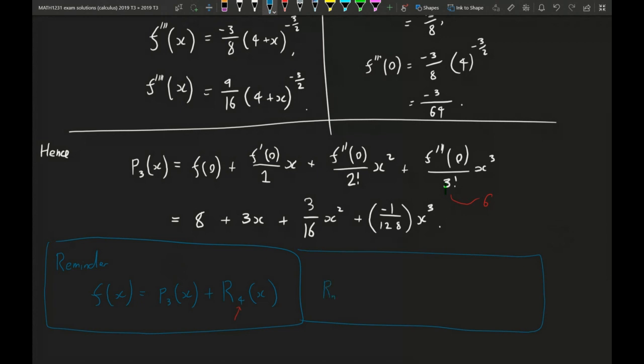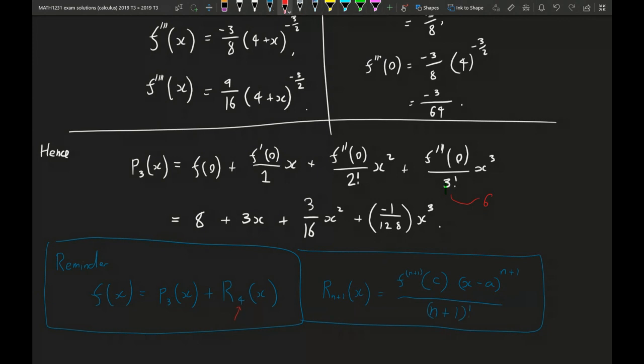So the Lagrange form of the remainder, we usually write it as R n plus 1. It's going to be the n plus 1th derivative at some point c times x, well, I'll do the general form, x minus the point we're expanding about, to the power of n plus 1, divided by n plus 1 factorial.